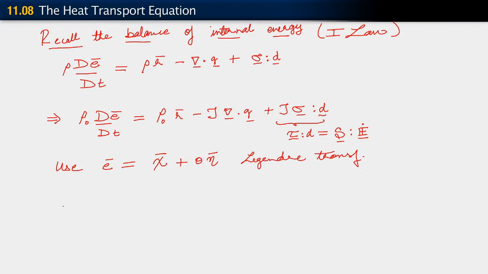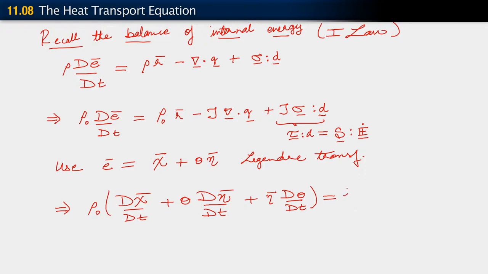When you use this here, what we get is rho naught times the material time derivative of chi bar, plus theta times the material time derivative of eta bar, plus eta bar times the material time derivative of the temperature.